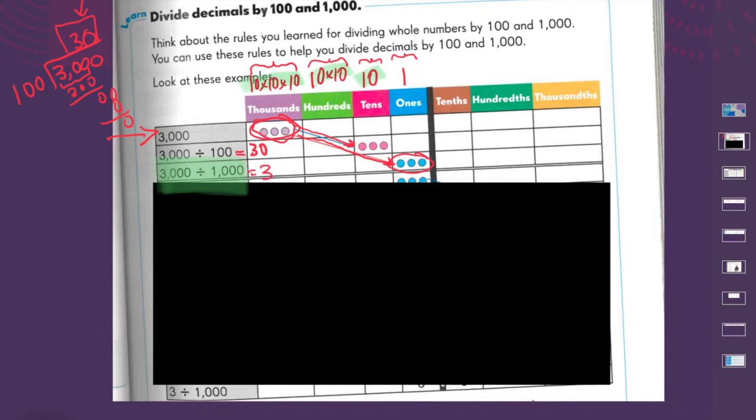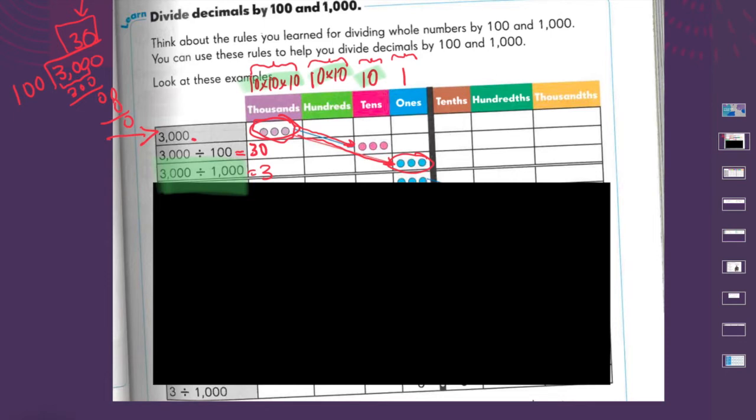So let's look to see what patterns we're noticing now with the movement of the decimal point as we divide by 100 and divide by 1,000. So we know the decimal point is at the end of the number 3,000 because that is a whole number.